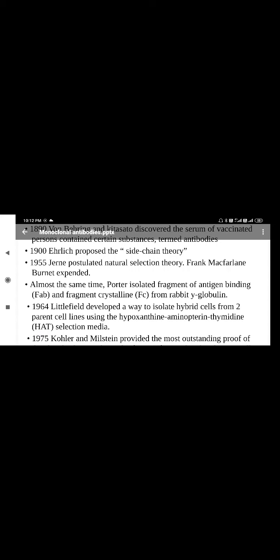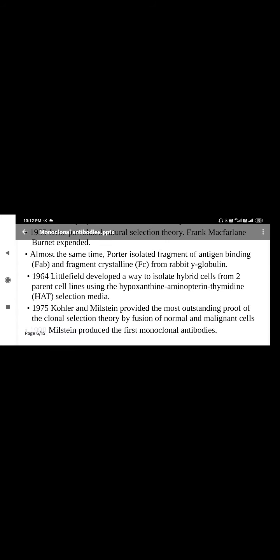Frank Macfarlane Burnet expanded it. At almost the same time, Porter isolated the fragment of antigen binding called FAB and the fragment crystalline FC from rabbit gamma globulin. In the year 1964, Littlefield developed a way to isolate hybrid cells from two parent cell lines using the hypoxanthine aminopterin thymidine selection media.